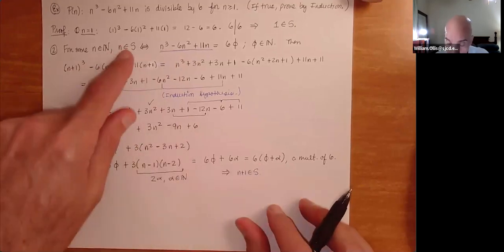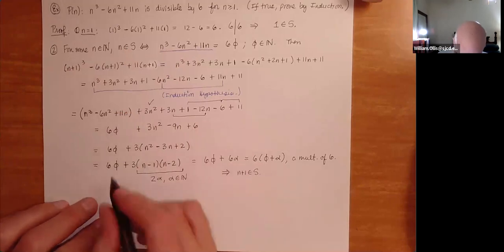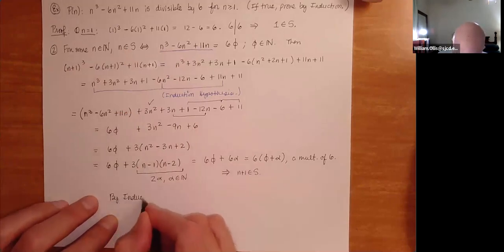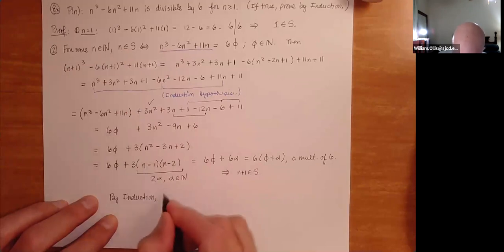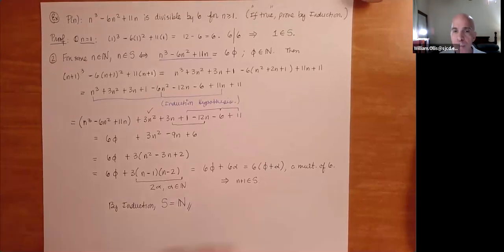We assumed n was in S, that is P of n is true, and using that, we see that P of n plus 1 is true. So by induction, S is all of the natural numbers. That is, P of n is true for all natural numbers. I thought this would be a good example to go back over the basic constructs that we've been doing with induction.